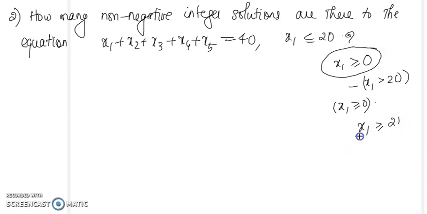That will give the required number of solutions. So let us find the number of integer solutions when you have x1 greater than or equal to 0.